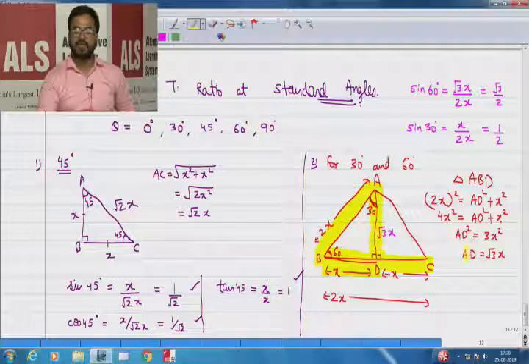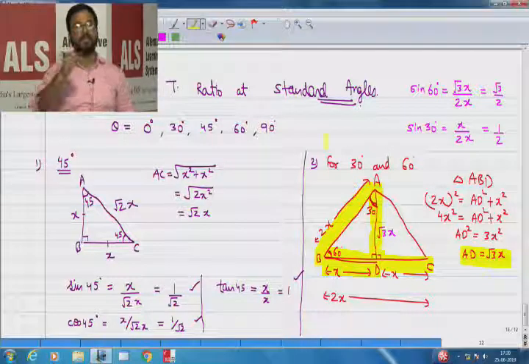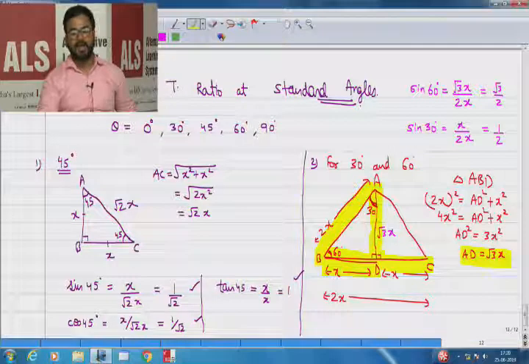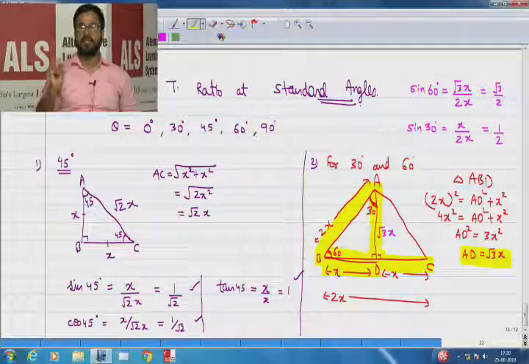From this you will get AD is equal to root 3x, which is the perpendicular. Now in this triangle, we know all the three sides, 2x, root 3x, and the base x. Since it is an equilateral triangle, this was 60 degree, this is perpendicular, so the remaining angle has to be 30 degree, since the sum of the angles is 180 degree.